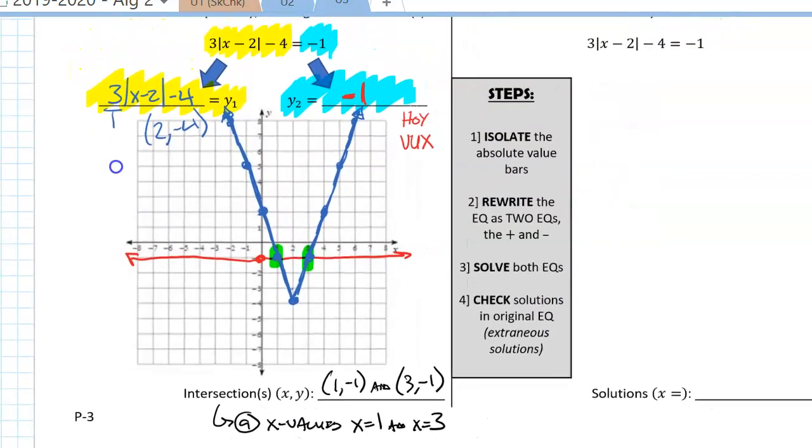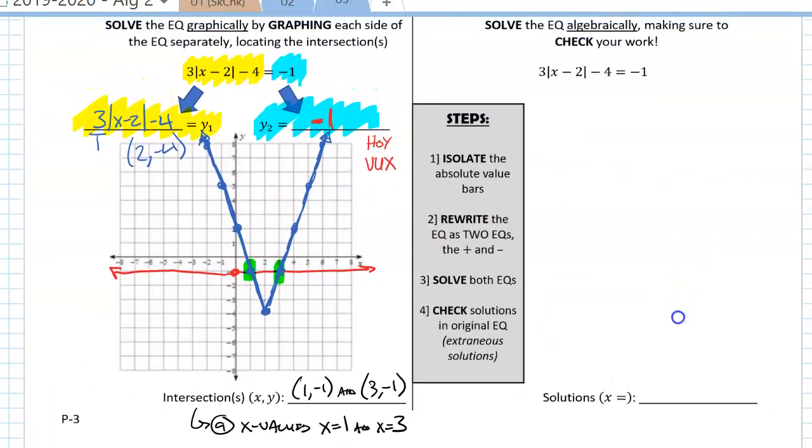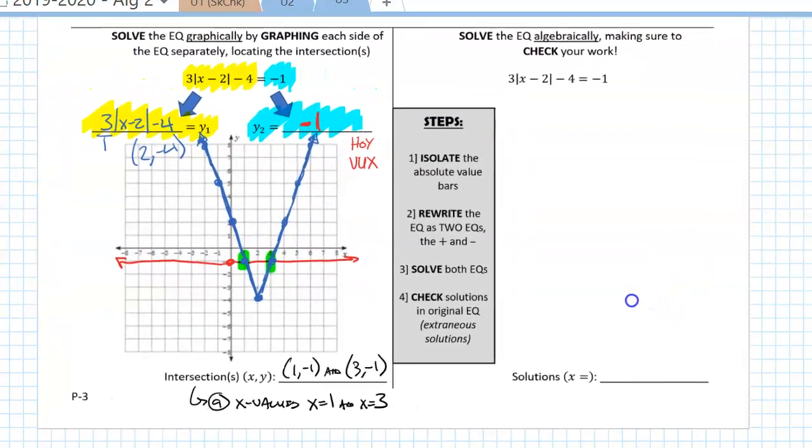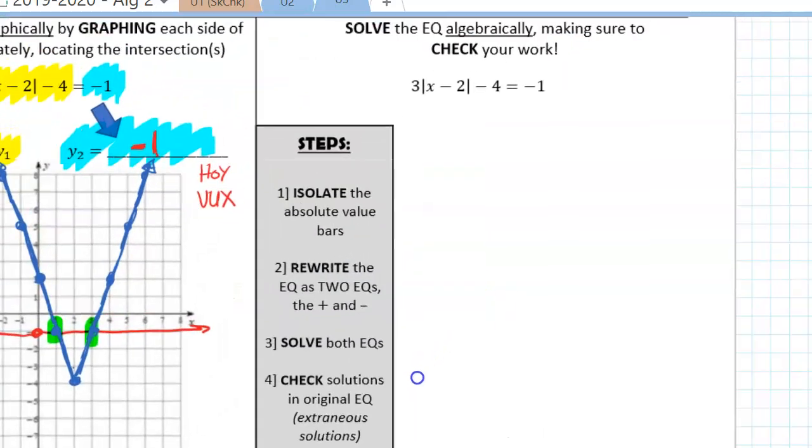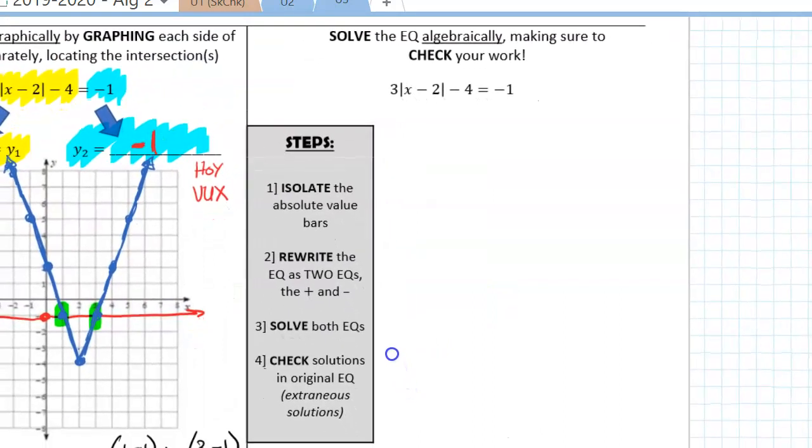What that means then is when we go over and actually solve this equation algebraically, we should get answers of x is equal to 1 and x is equal to 3 because we see it on the graph. What we do algebraically should model that. So let's go ahead and work on solving this algebraically.